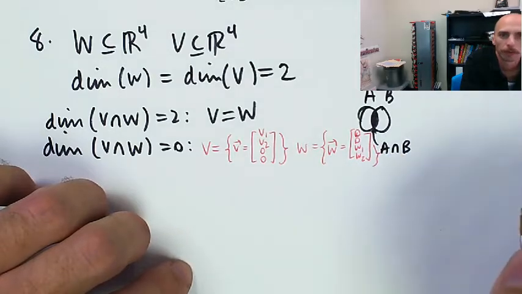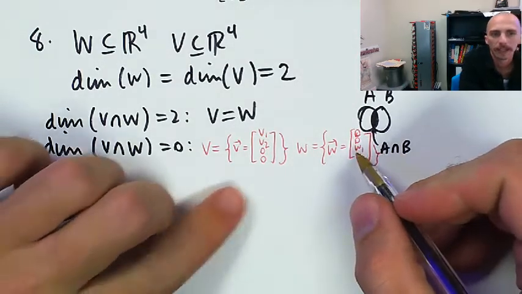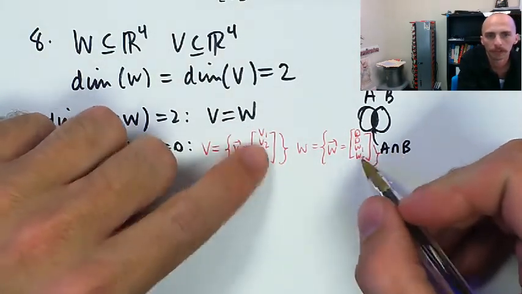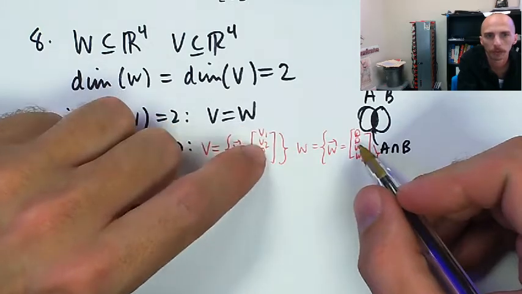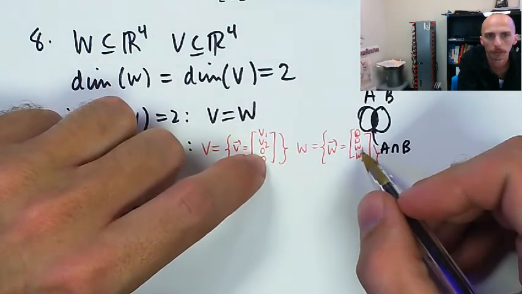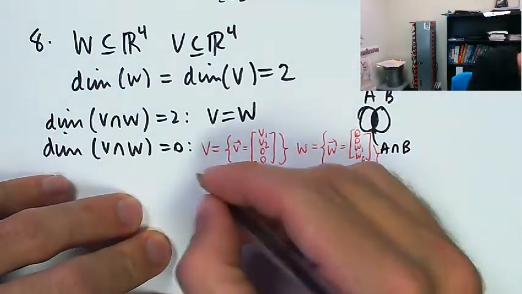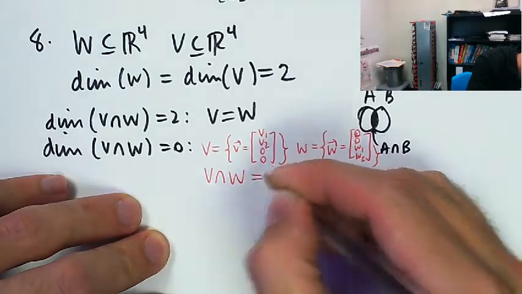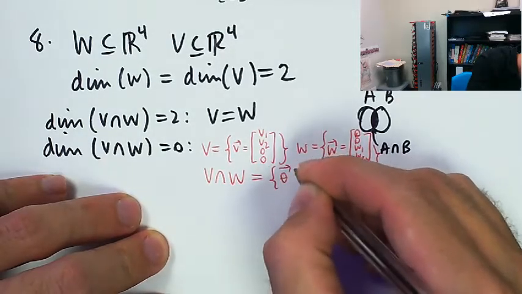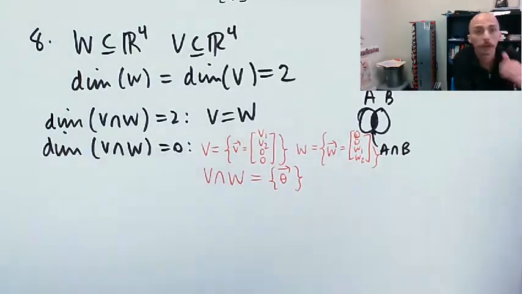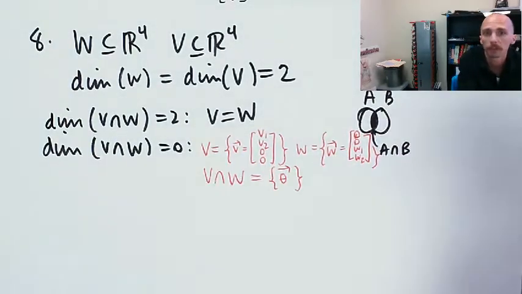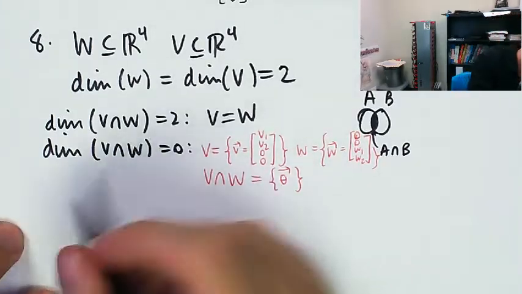Yeah, that didn't go so well, but whatever. The intersection is where both of these things are true, and that would be where V1 equals 0 and V2 equals 0, W1 equals 0 and W2 equals 0. So V intersect W is just the 0 vector. The 0 vector is a subspace. It has dimension 0, so that's the situation I'm talking about there.